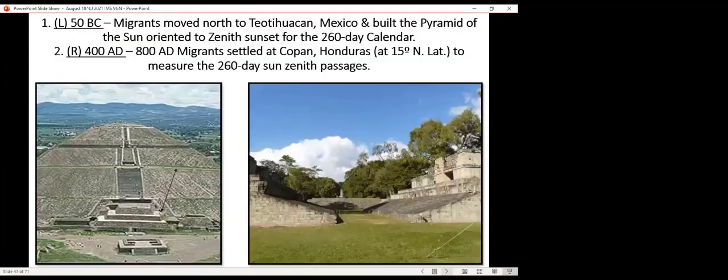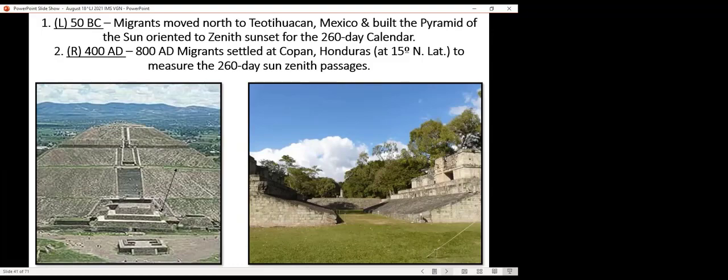All right, on the left, Teotihuacan, famous ruins, the beginning date of the project was established with ceramics at 50 BC, and that is pushed back a little bit further, 100 BC.